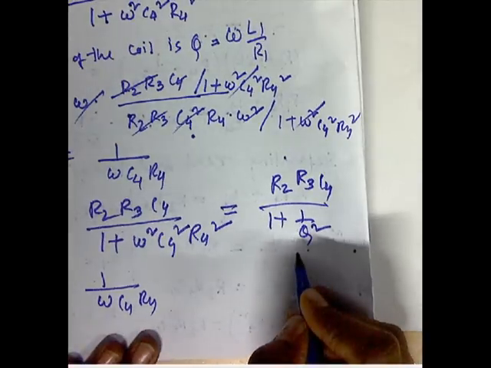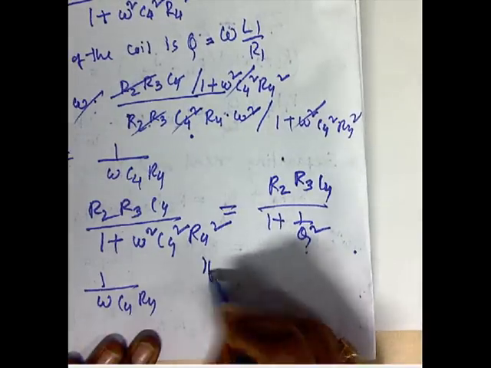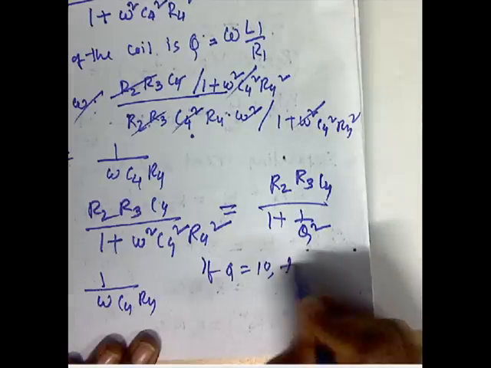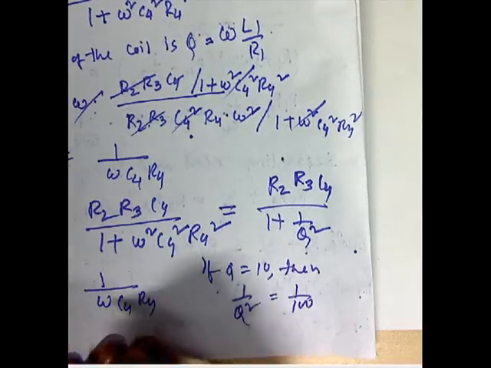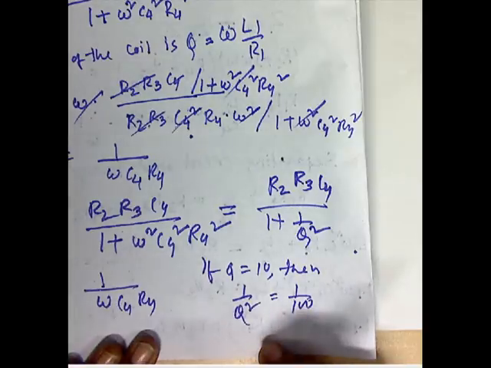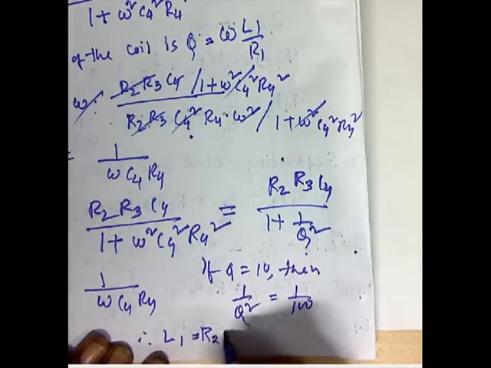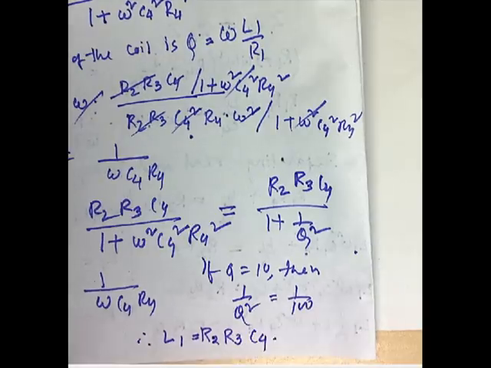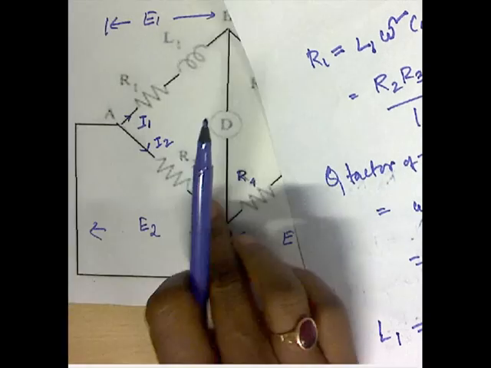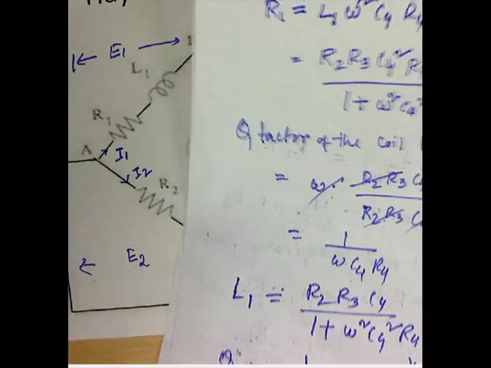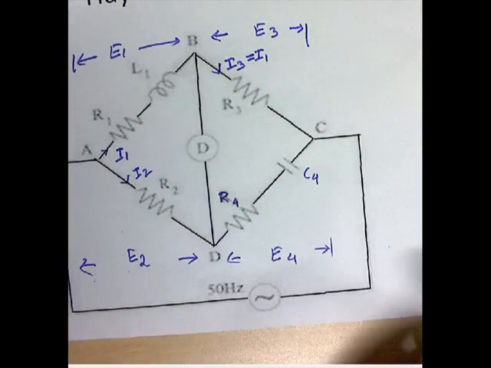So for a high value of Q, say 10, 1 by Q square is equal to 1 by 100, and we can neglect it. So that time L1 is equal to R2 R3 C4. So this Hay bridge is used to measure the inductance of a high quality factor coil.